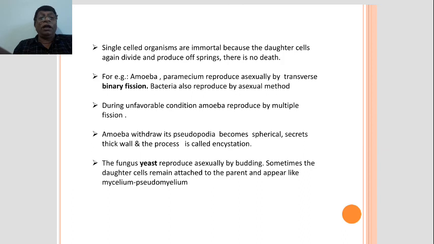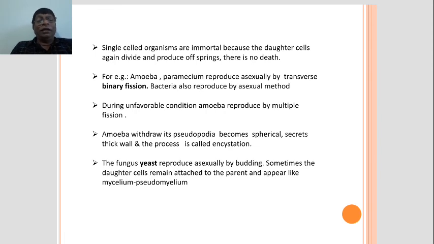Now, if we examine the kingdom Mycota, for example, the fungus yeast, Saccharomyces. How does the yeast reproduce? The yeast always reproduces by budding. Look at the diagram: the parent cell, formation of a bud, then daughter cells.